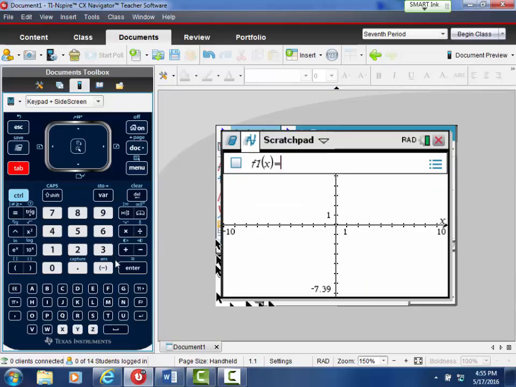So y equals 2x squared minus 1, and y equals 2x squared plus 5.